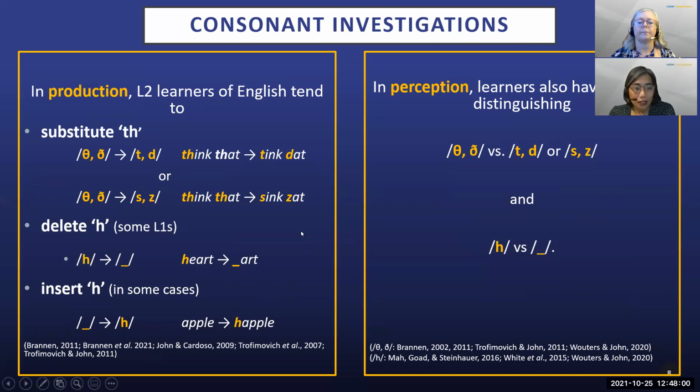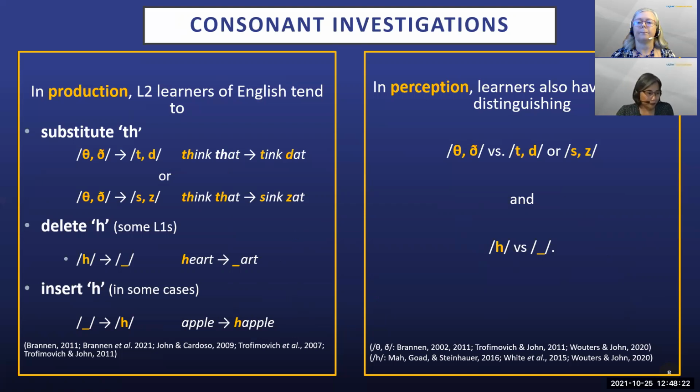Also, for L2 students, especially native French speakers, they tend to delete the H phoneme so that the word "heart" sounds like "art," and in some cases they may insert the H sound before a vowel, as in "happle." So now I'll give the floor to my colleague Kathleen, and she'll talk about our research study in more detail.